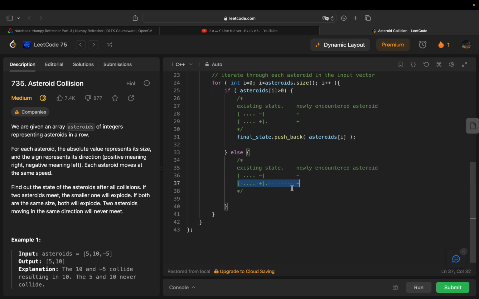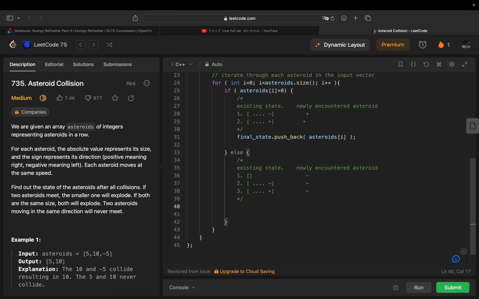The second case is when there is no one to collide with, so by definition it will not collide with anyone. So for the first and second cases, we can add the newly encountered asteroid into our state.